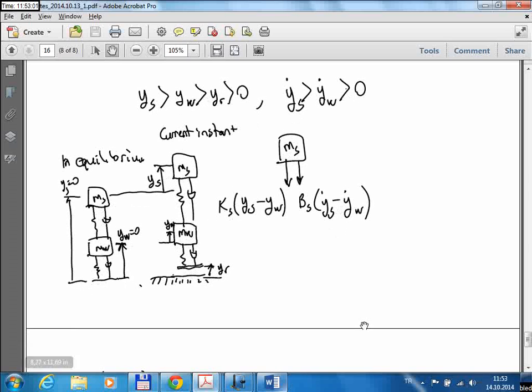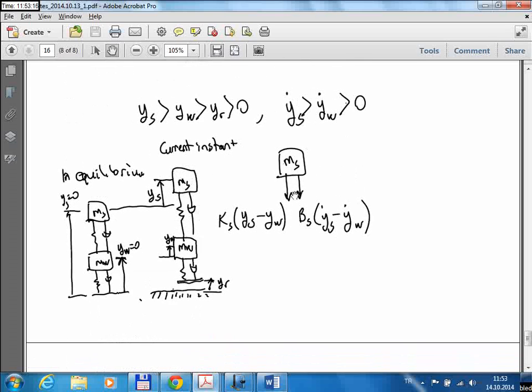Okay, so after that, it is really very easy to write these forces. So I write the spring force and the damper force. Similarly, with the help of this assumption, I can write the direction of the damper force directly. So the two forces are in this direction for the car mass.